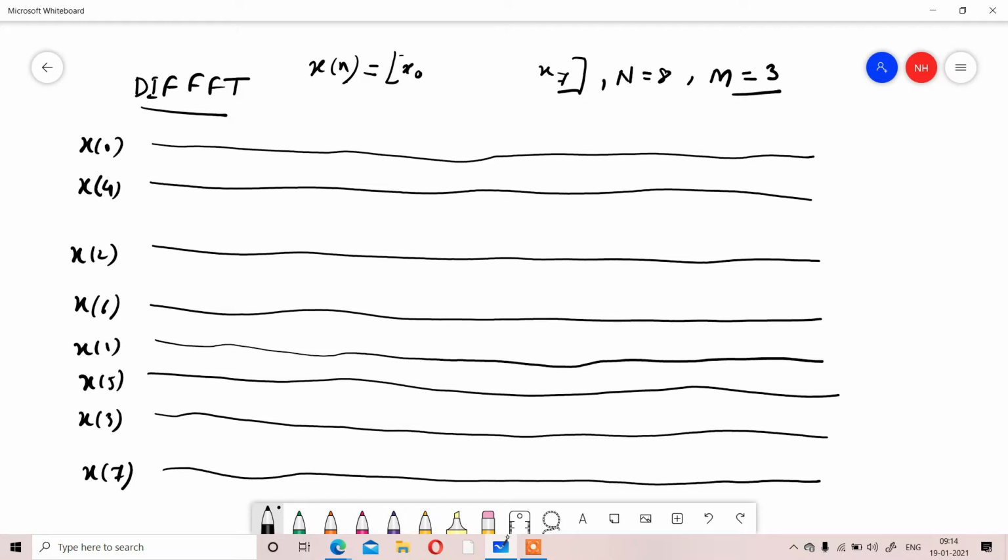That means the total number of stages will be 3. So 3 stages we will get here.